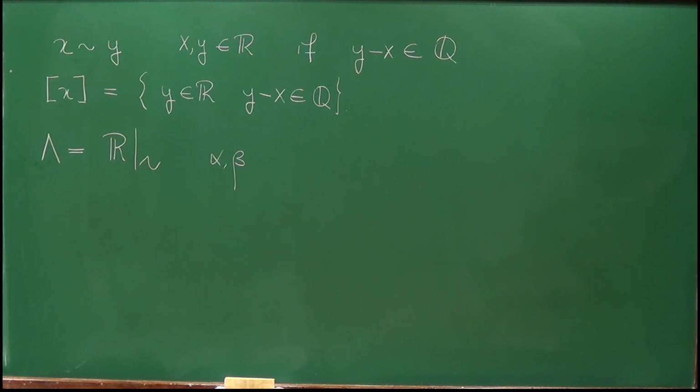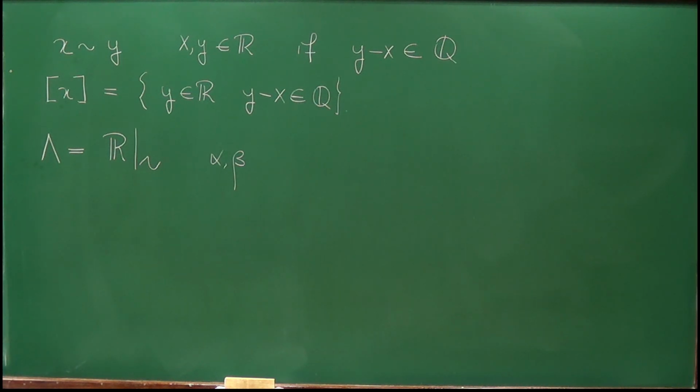So what I will do now is construct a new set, which is obtained as follows. Lambda is a set of equivalence classes. It's an uncountable set, and each element of lambda is in fact an equivalence class, so a set, a family of points.